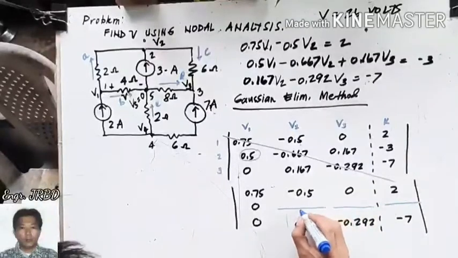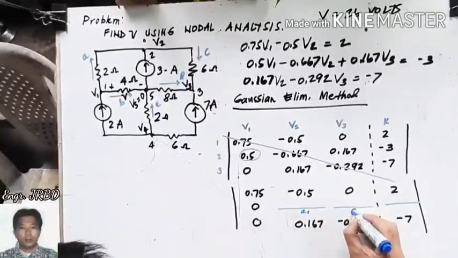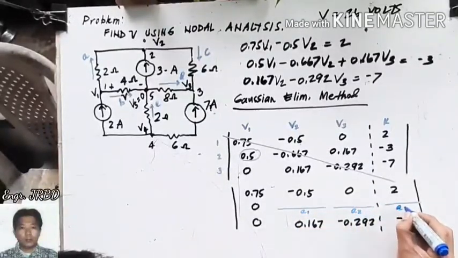Okay, let us say that this one is A1, A2, and A3.